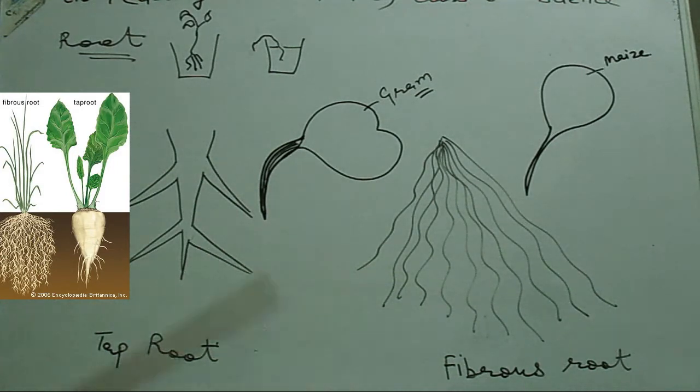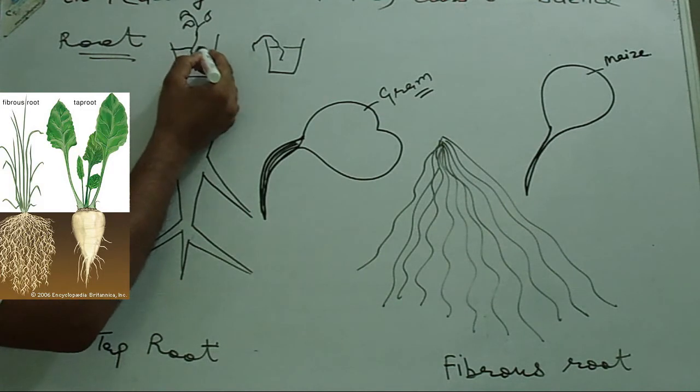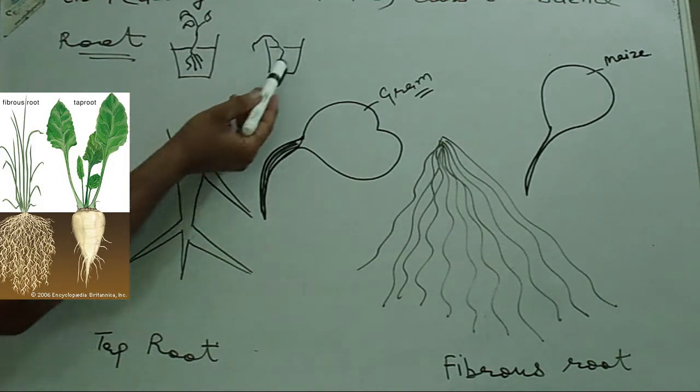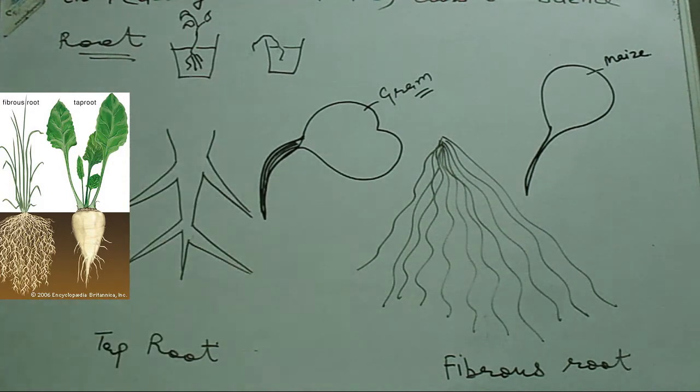and put them into different pots. In that pot, cut the root part of one of the herbs, and in the other case keep the herb along with its root.